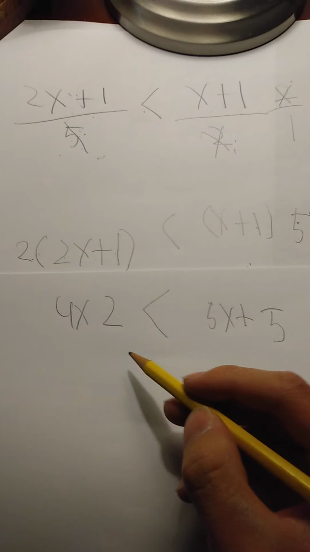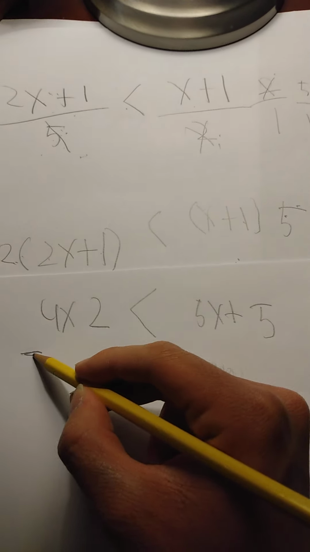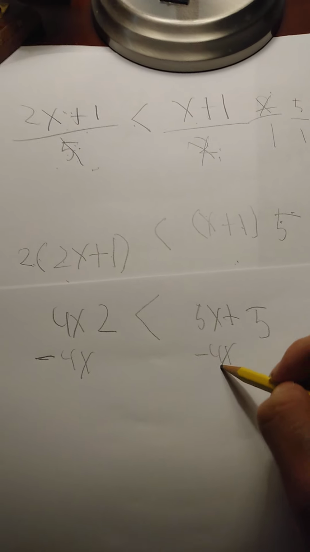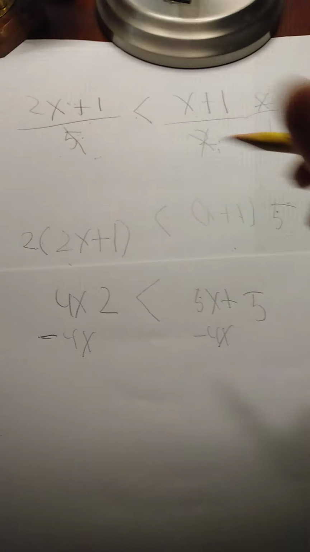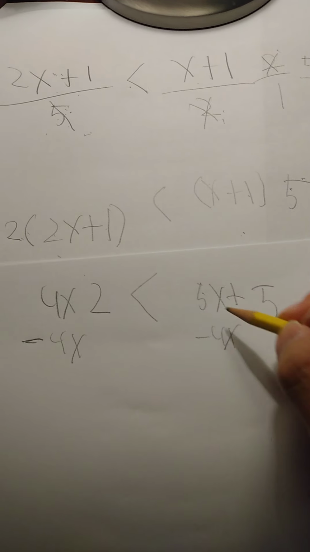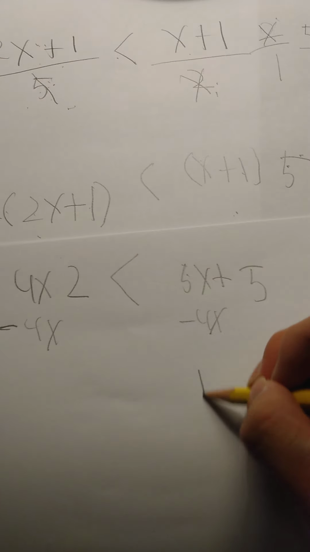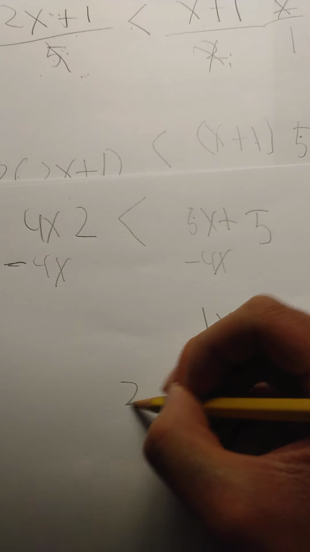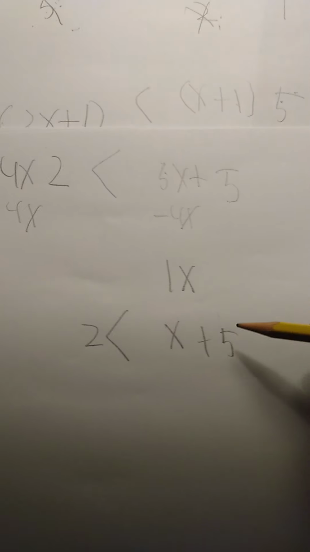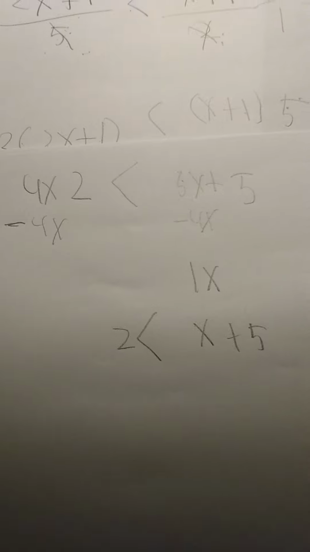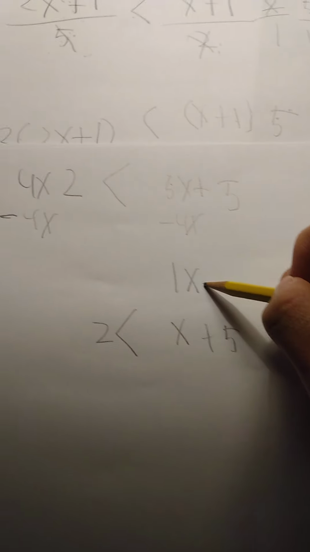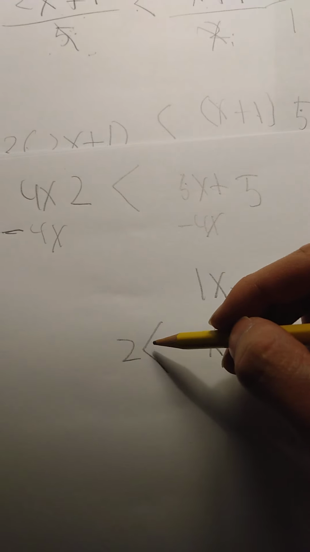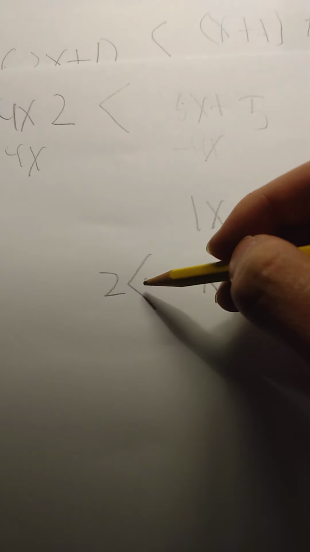So, why don't we subtract 4x here and subtract 4x here? Because we want to get a variable on one side and a number on the other. So basically, we're going to get just x on one side, and 5 and 2 on the other. Since x has to be isolated from the other numbers, we are going to say that this less than symbol is a COVID-19 shield.